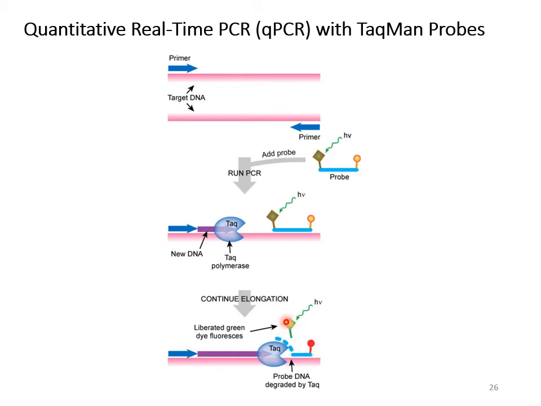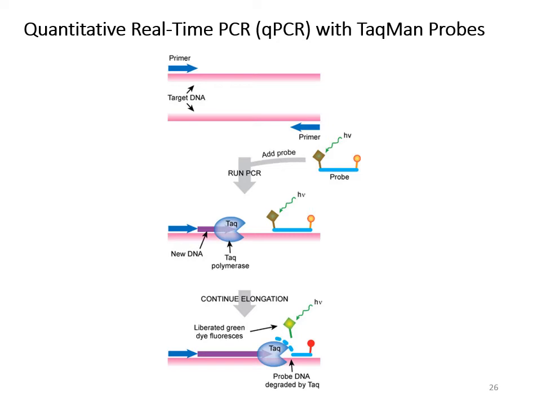The fluorophore is now floating away. It's separate from the quencher. What happens when the fluorophore is separate from the quencher? It fluoresces. Okay? So the more initial product that you have, the more template DNA you have, the more new strands will be built, the more probes will get cleaved, and the more signal you'll see. So that allows us to quantify it, okay?